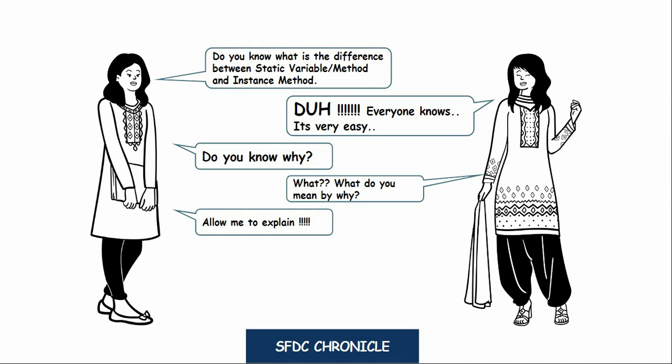First of all, a static variable or method can be called directly using the class name, whereas an instance variable requires an instance of a class. Second of all, a static method can access only static variables within the same class.